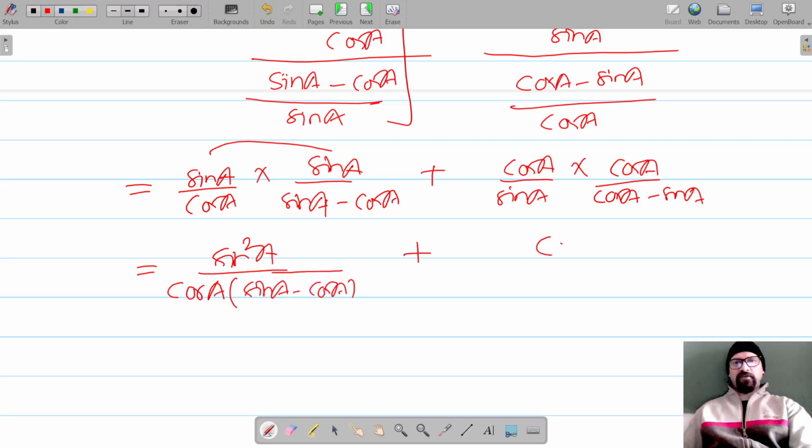After that is plus. So cos A into cos A is cos square A, and this is sine A into cos A minus sine A.